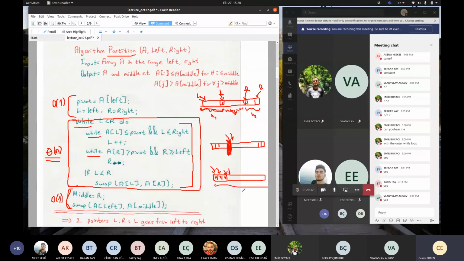If I had n elements, this would be theta n, because I'm going linearly over all the elements of the array, and for each element I'm spending big O1 constant time. So the overall running time of such an algorithm would be theta n. This is also quite similar. Instead of just one pointer, we now have two pointers, L and R.